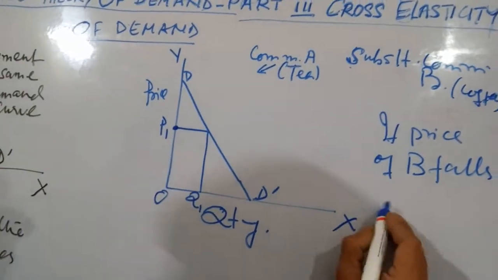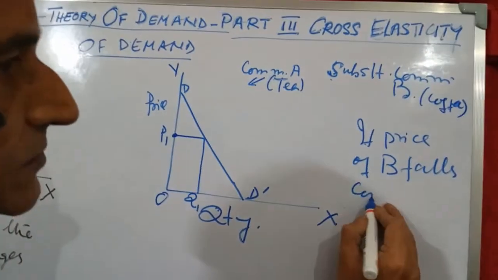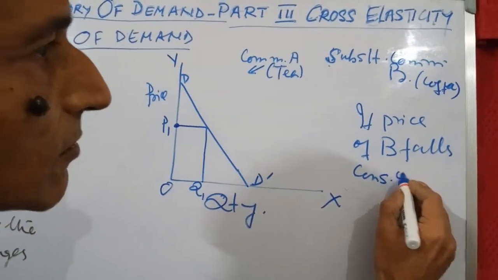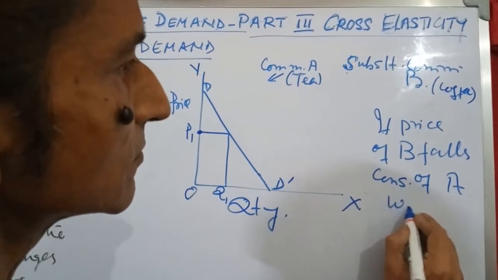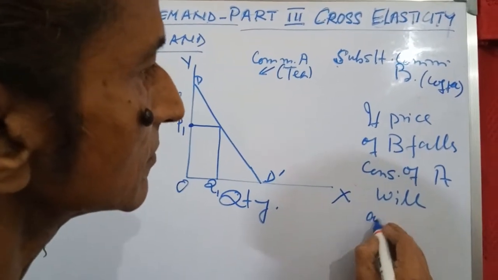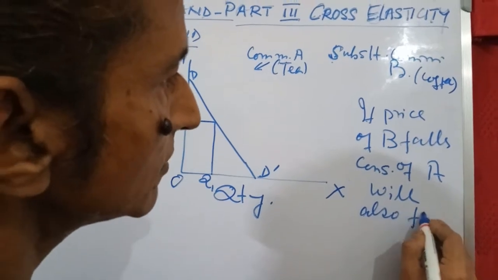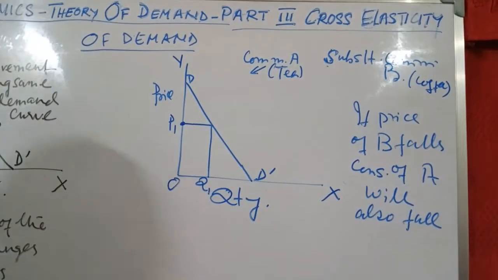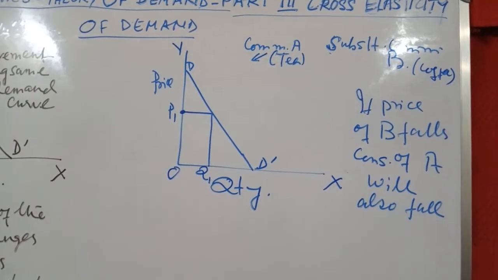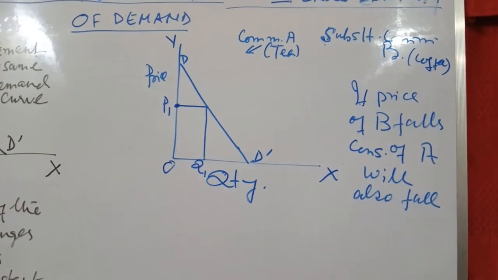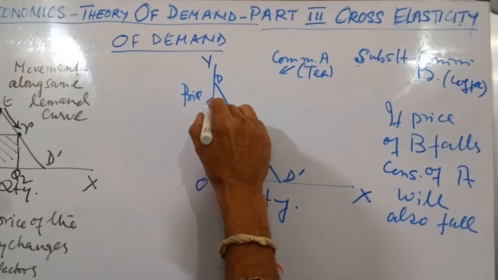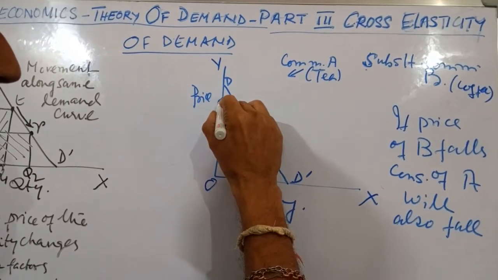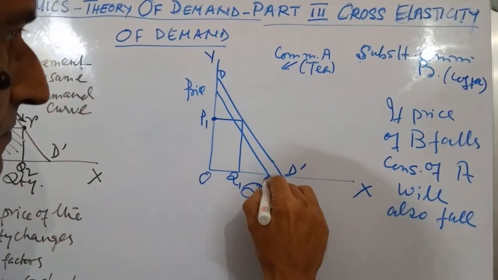If the price of B falls, consumption of A will also fall, isn't it? So in that case, the demand curve will shift parallelly to the left.